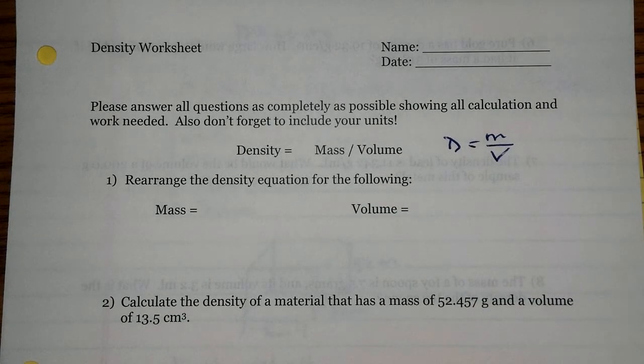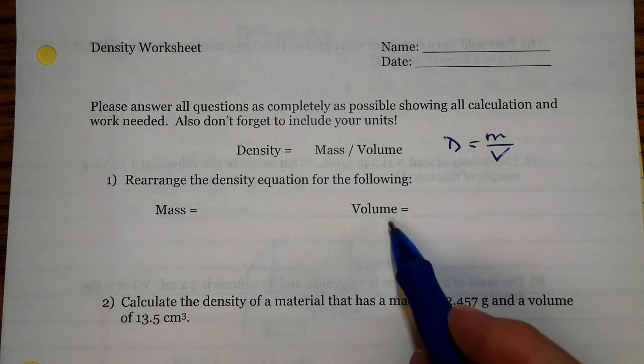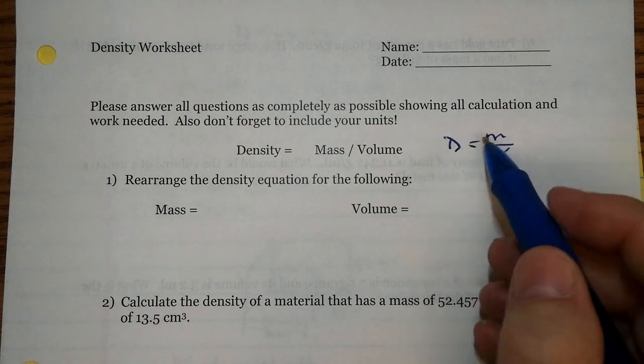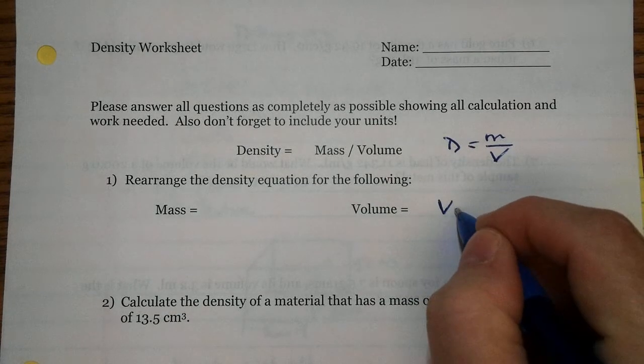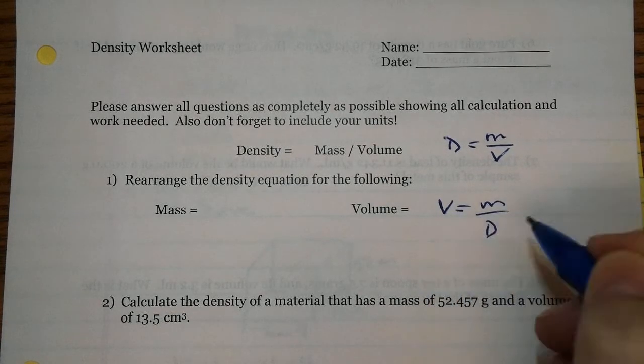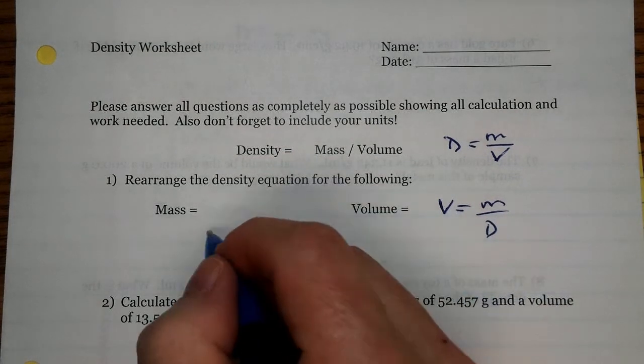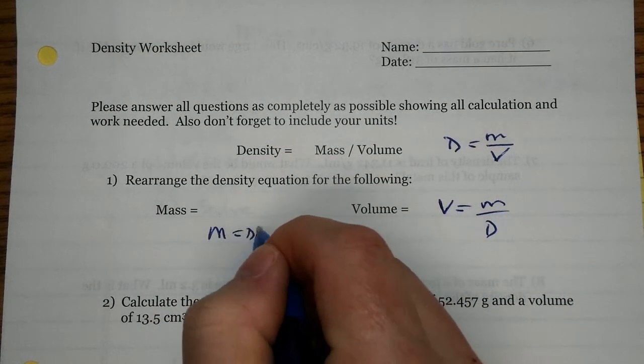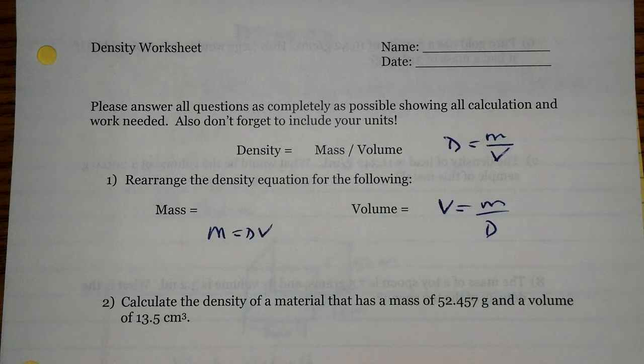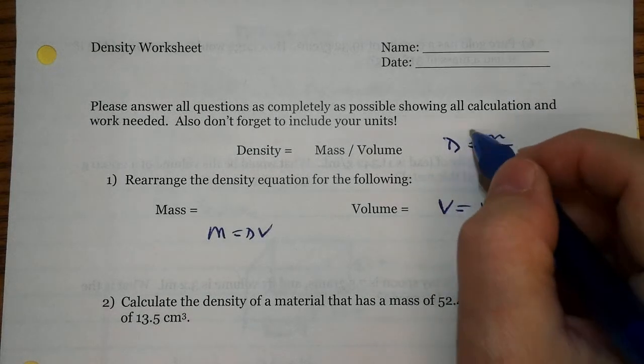And the easiest way to get these other 2 equations, when you're looking for volume, you just swap out the v and the d. So volume is equal to m divided by d, and mass is equal to d times v. Now I could show you how to derive this from Algebra 1, but I think it's just easier. The main thing is to remember this guy right here.